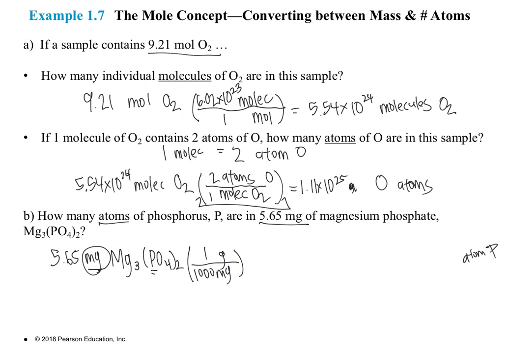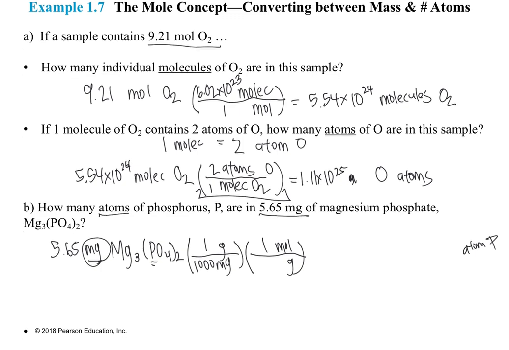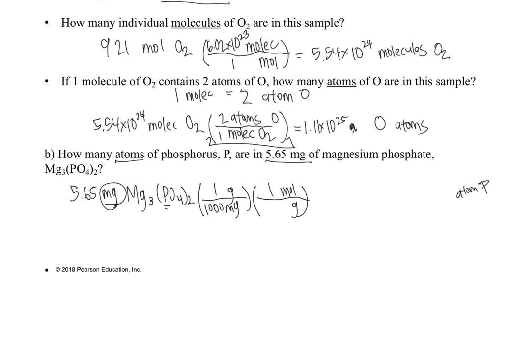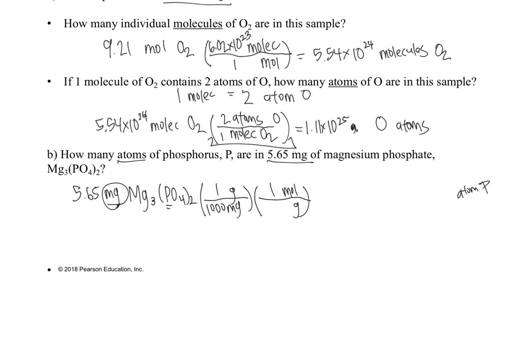So now I'm in grams. Now that I'm in grams, I can go into moles. Grams into moles. And again, we know there is 1 mole for this substance. So now I need to find that molar mass. And we've only talked about molar mass for an atom, but we could do the same thing with a compound.